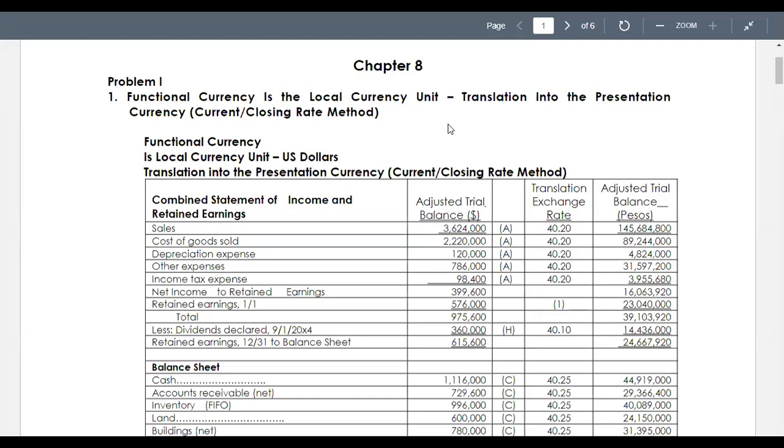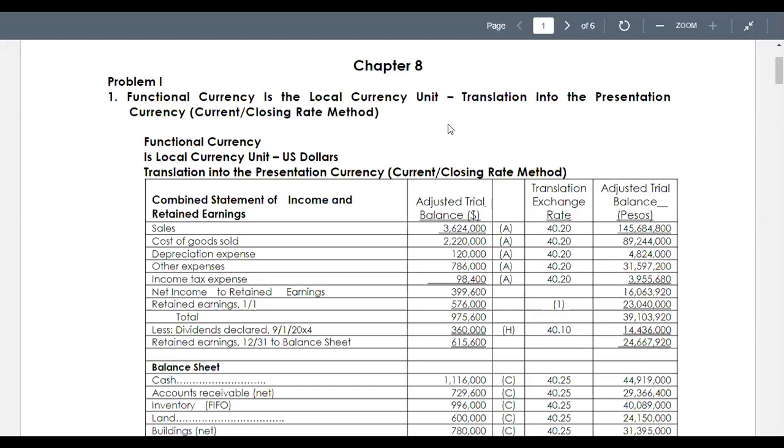Now, second is the use of the temporal method. Using the functional currency, it's still in Philippine peso, the translation into the functional currency.